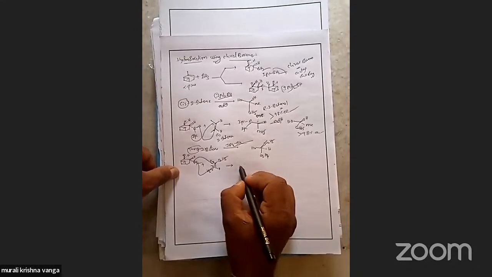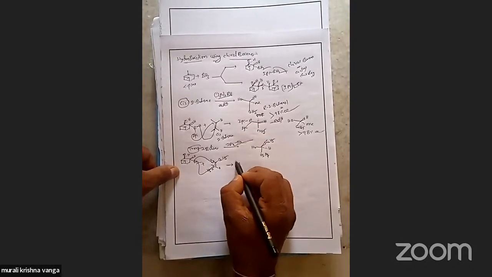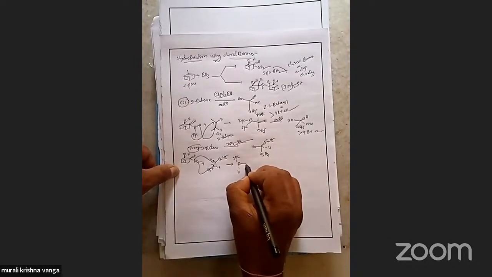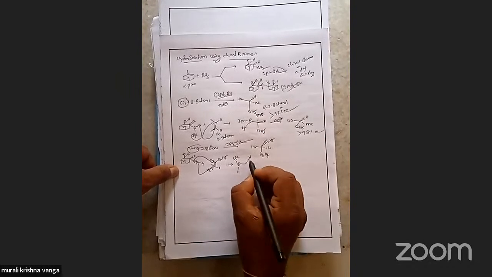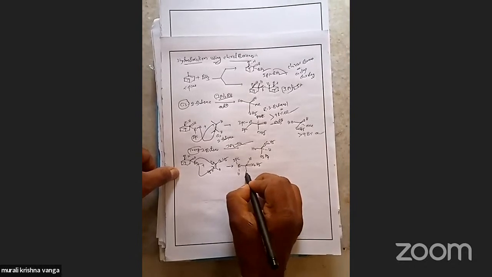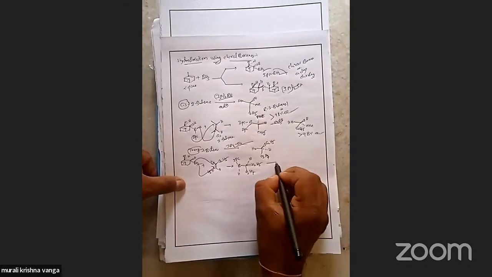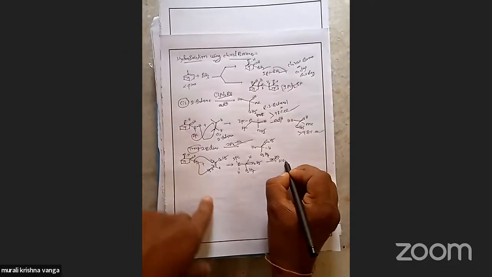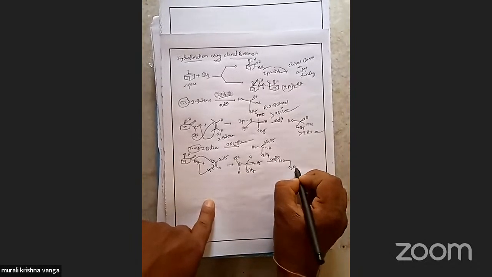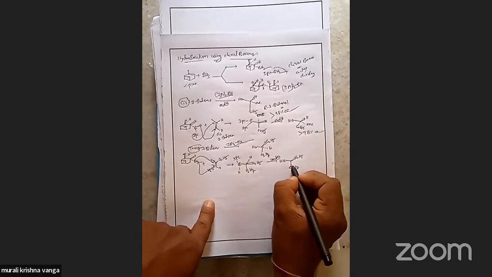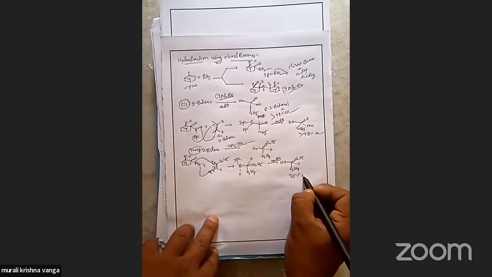Then IPC, hydrogen, C2H5 and C3H7. When this compound undergoes oxidation, it forms OH, C3H7, C2H5, and here hydrogen. This forms in about 75% enantiomeric excess.